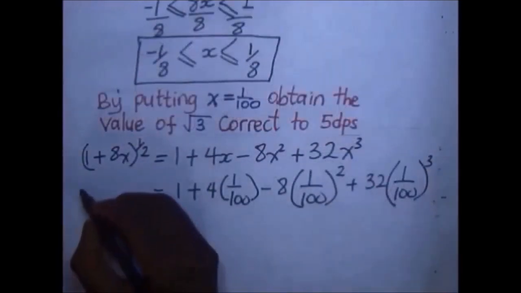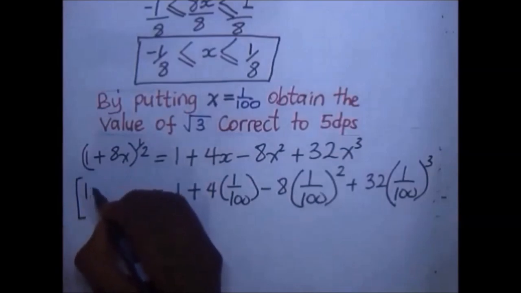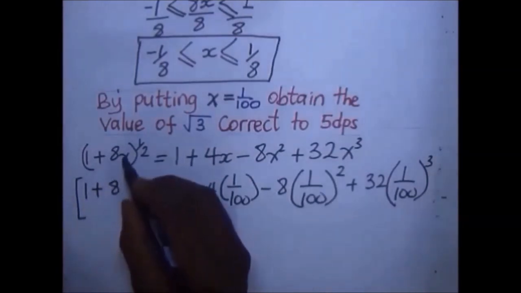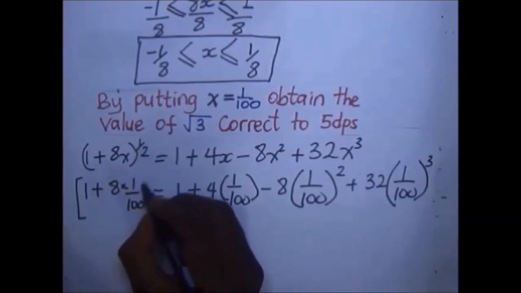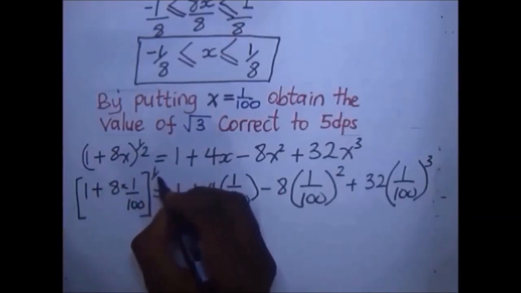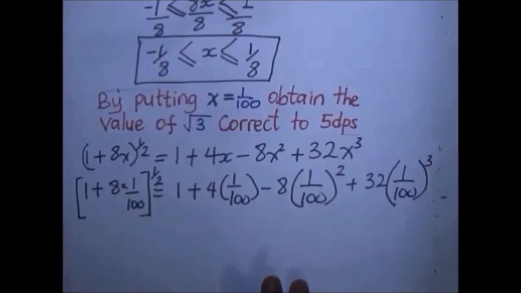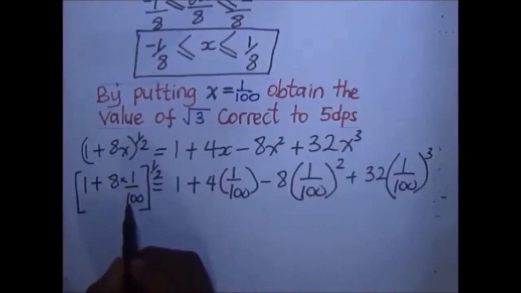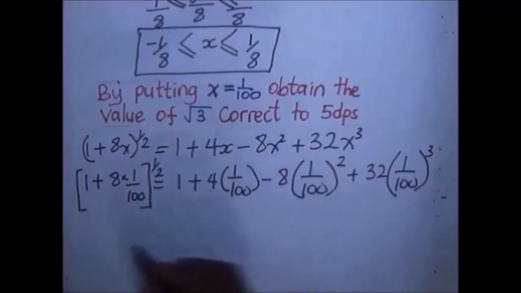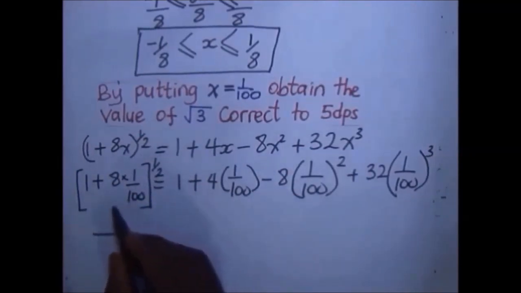Remember, this is the same as saying 1 plus 8 times x, with x being 1 over 100, to the power a half. So when we add 1 plus 8 over 100, the LCM here is going to be 100.